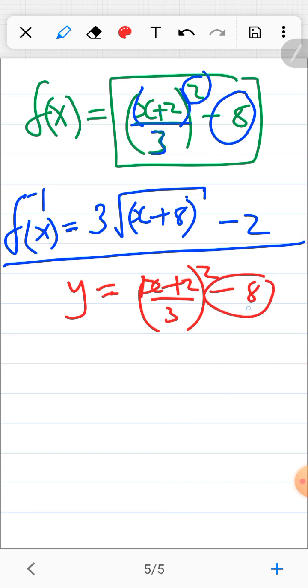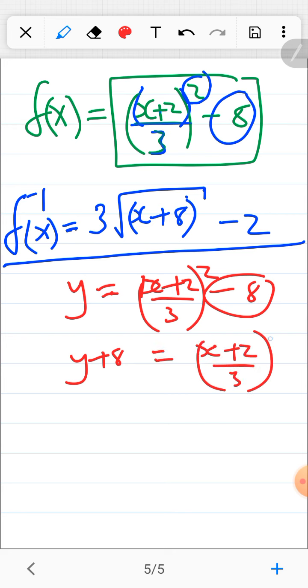First thing, take away the 8, so I have y + 8 equals ((x + 2)/3)². Next thing I need to take away is the squared symbol. Do that by taking the square root.